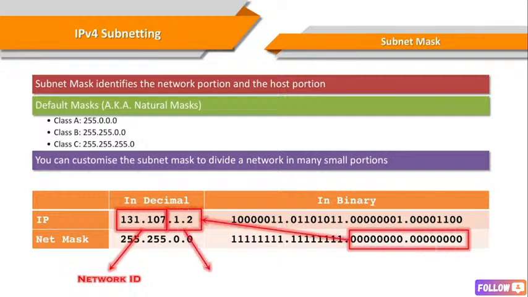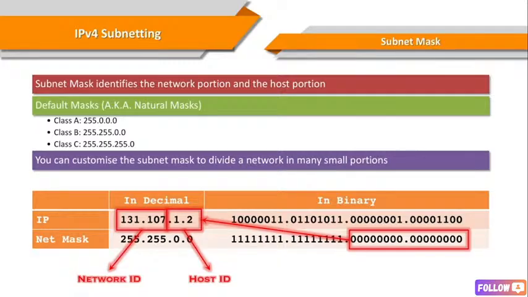Any address bits that have corresponding mask bits set to 0 represent the host ID. So in this example, the first part, 131.107, is the network part of the IP address, where the rest, 1.2, represents the host. All devices on this segment share the same network ID and the same subnet mask.